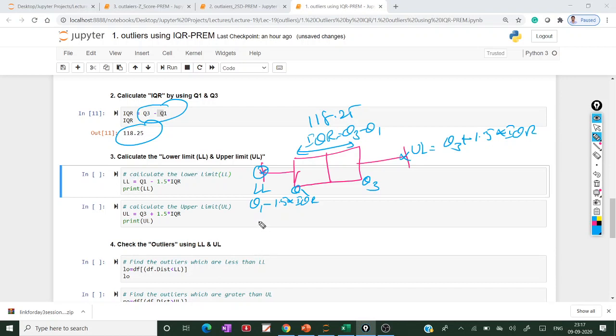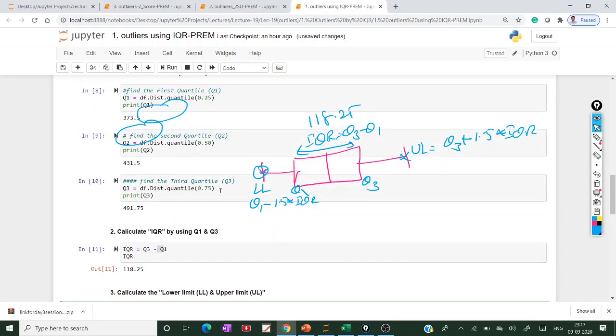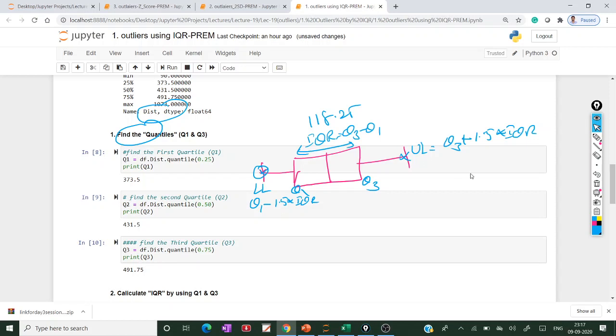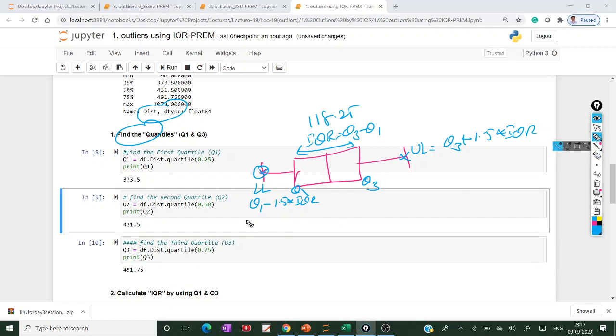If you substitute, Q1 we already calculated as 373.5, so 373.5 minus 1.5 into the IQR value 118.25 gives you the lower limit.